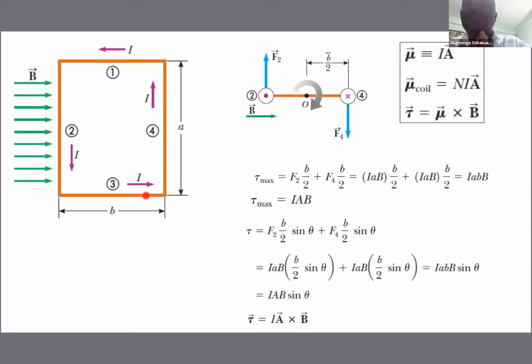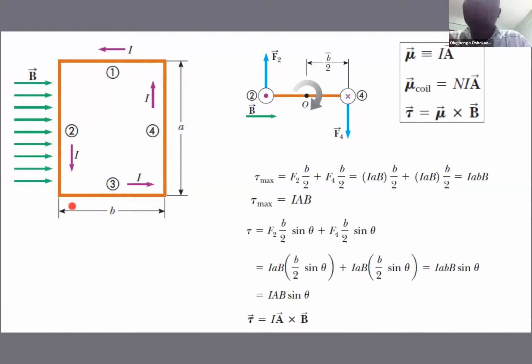So the magnetic force we should experience there should be 0, because the cross product between B and the length vector here will be 0. Since they have the same direction, the cross product will be 0. So there will be no magnetic force experienced on part 1.